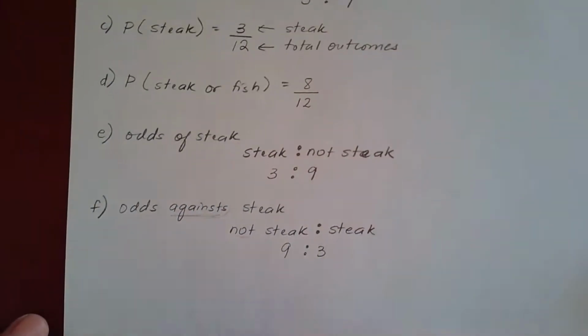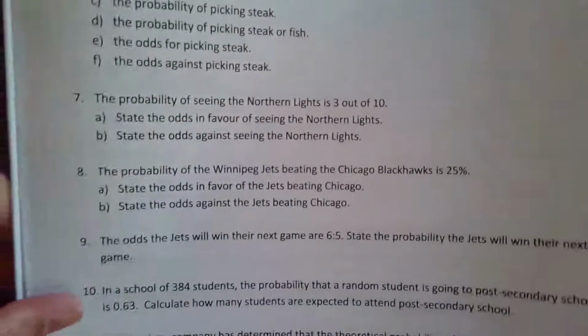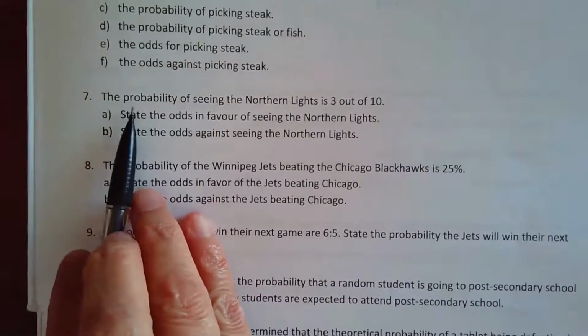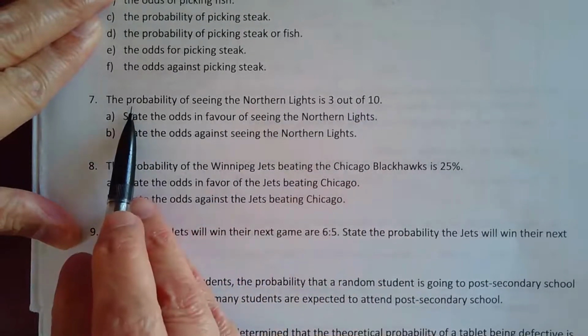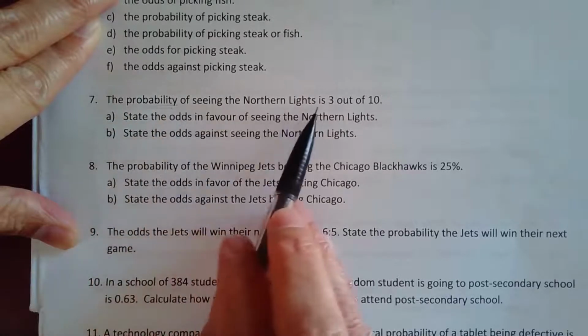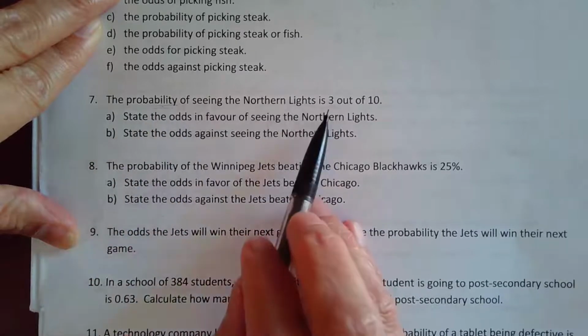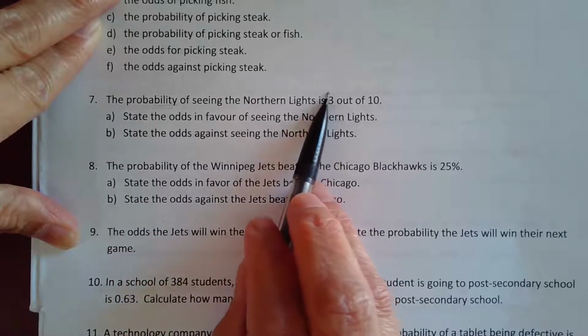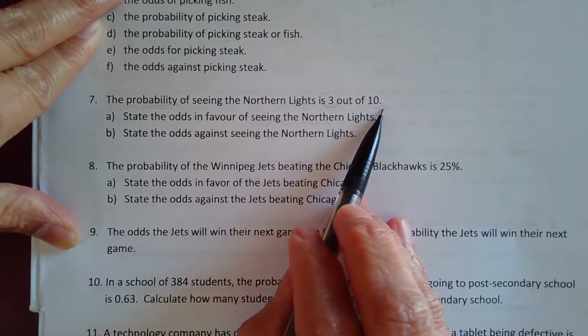Okay, now where are we at? We are number 7. So we're doing quite well in here. The probability of seeing the northern light is 3 out of 10. Now, look at what they had in here. But because this is a probability, that means 3 is see northern lights, and then 3 out of all possibilities.